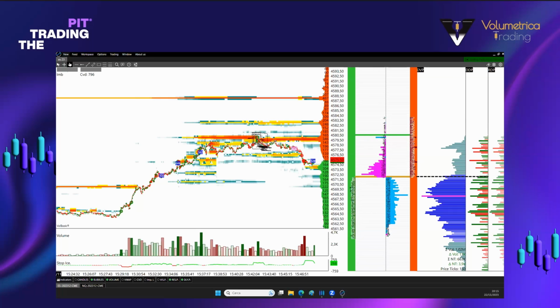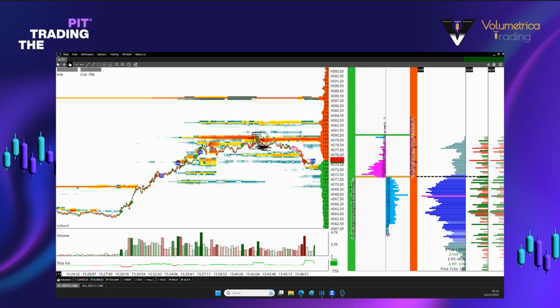If I enter without waiting for further confirmations, I can benefit from a very tight and close stop loss to my entry point, while basing my entry on an order flow dynamic which already makes sense.